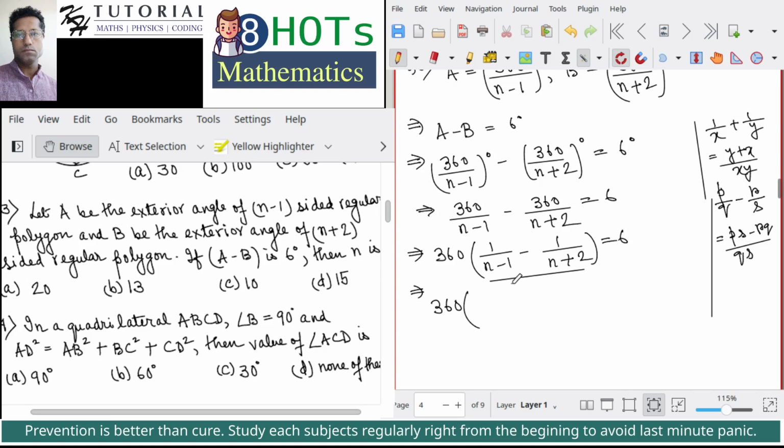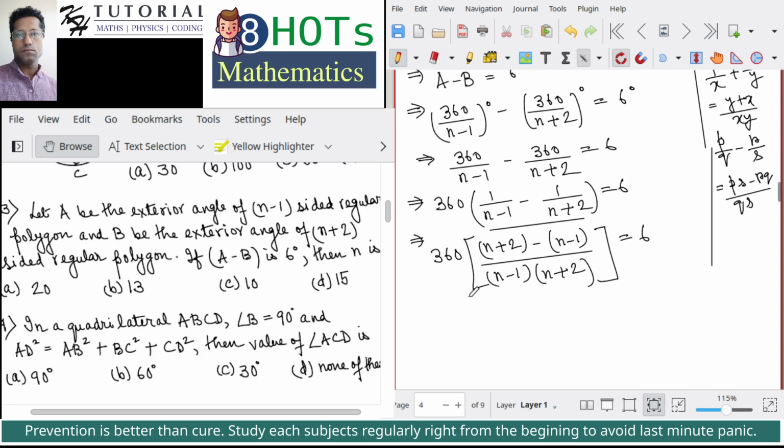So we will have over here n plus 2 minus n minus 1 divided by n minus 1 multiplied by n plus 2 equal to 6.